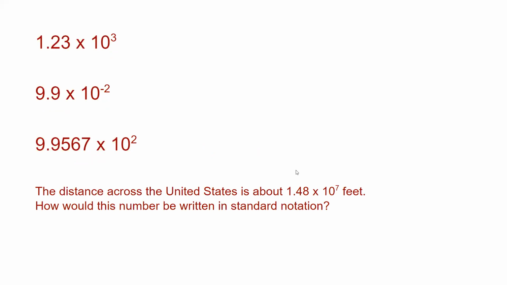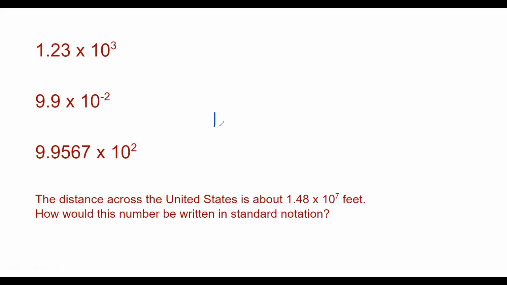Here's another example of a problem that involves a sort of word problem. The distance across the United States is about 1.48 times 10 to the 7th feet. How would this number be written in standard notation? Now, this is an example where it would be helpful to rewrite this number. So I'm just going to write a little decimal point there so that we can keep track of where we start.